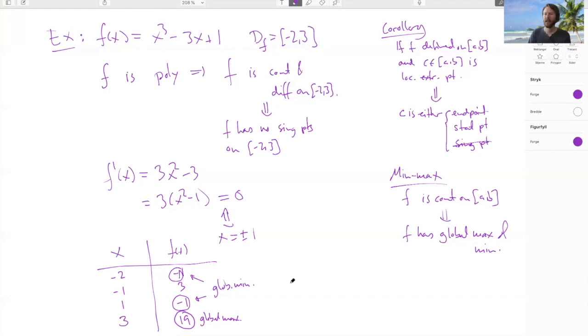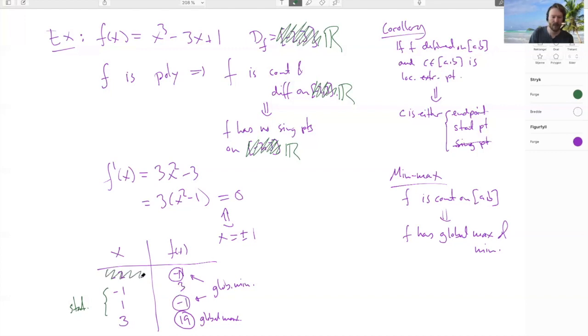Now, this may not feel like much, but please keep in mind that there do exist functions that behave differently. Let's say I now change the domain here to R. What would change in this part of the computation? Well, this guy is continuous and differentiable on R. He has no singular points on R. My function has these two points as stationary, where I have the values 3 and minus 1.